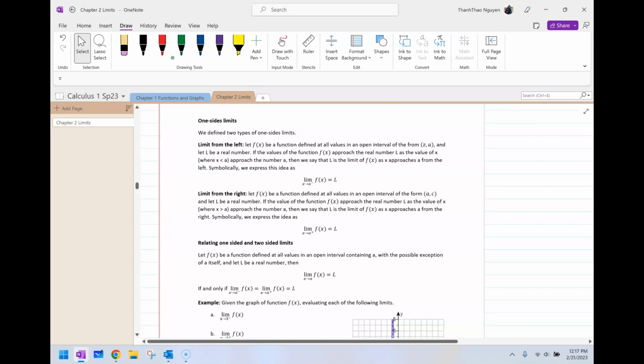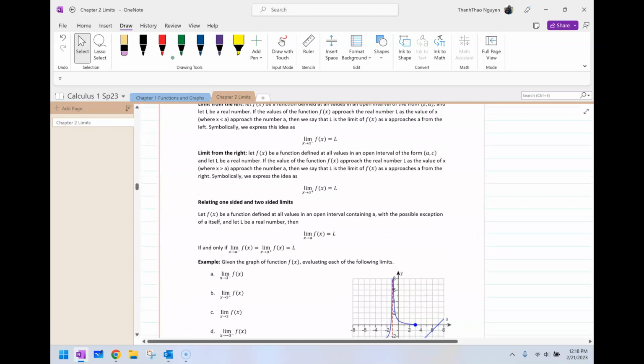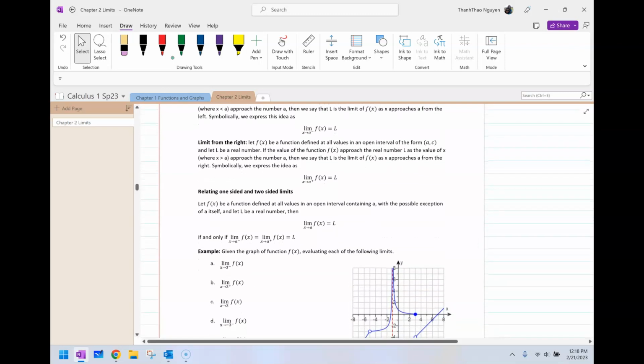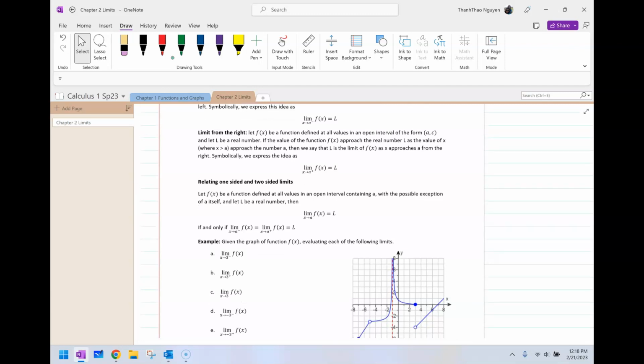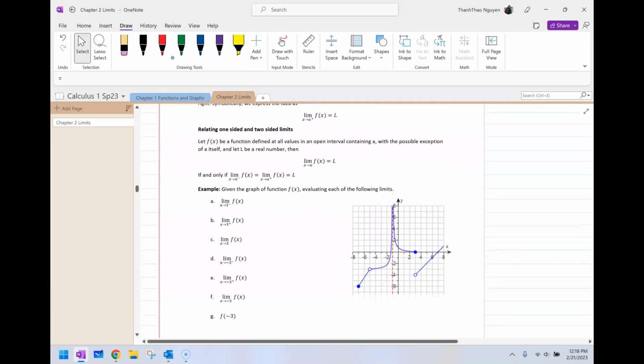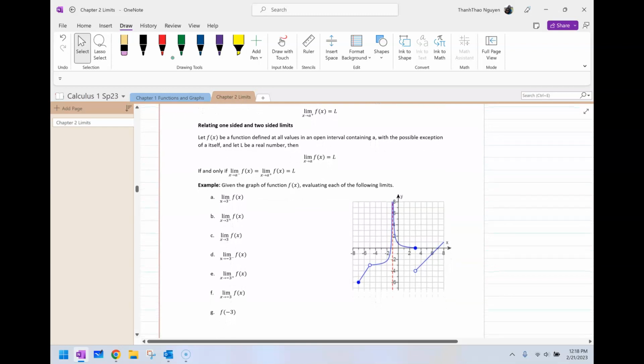The limit from the left is the value that the function approaches as x approaches the value from the left, and the limit from the right is the value of the function as x approaches the value from the right. And the two-sided limit is equal to L if the left-side limit equals the right-side limit.